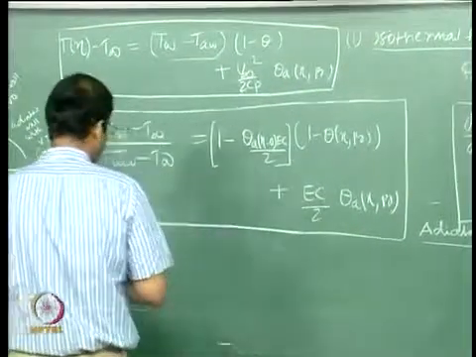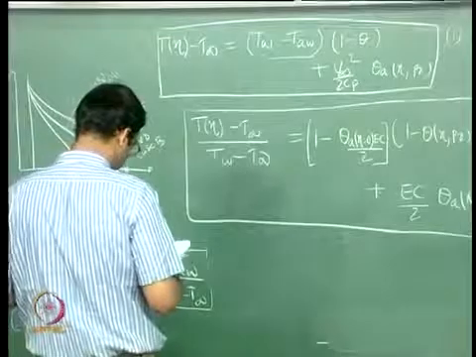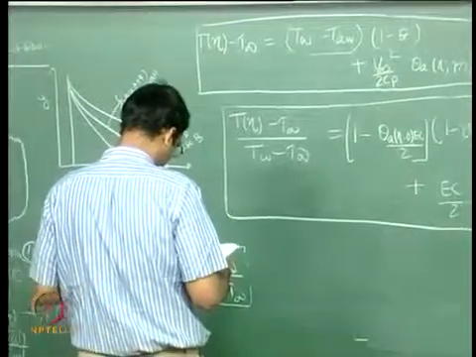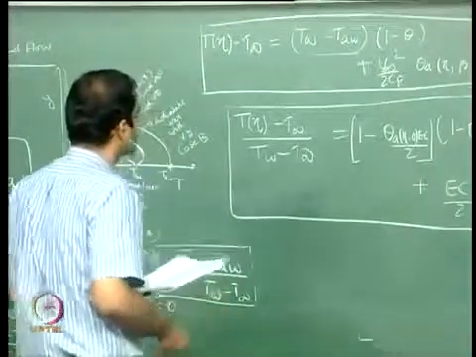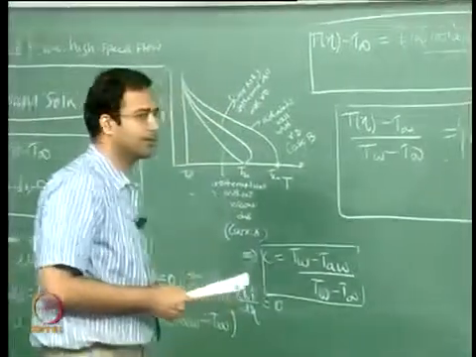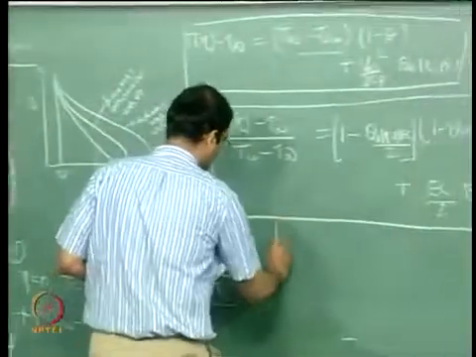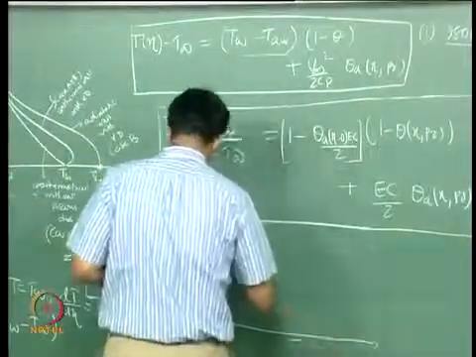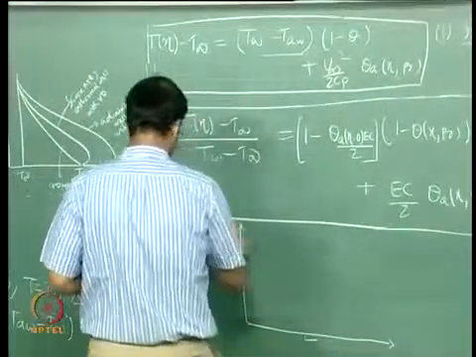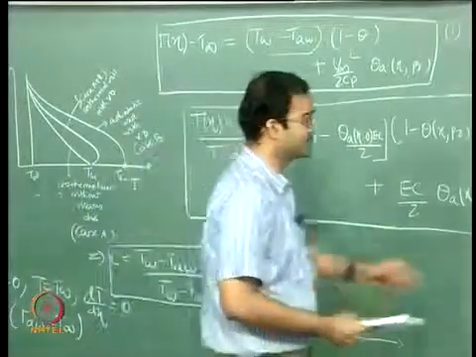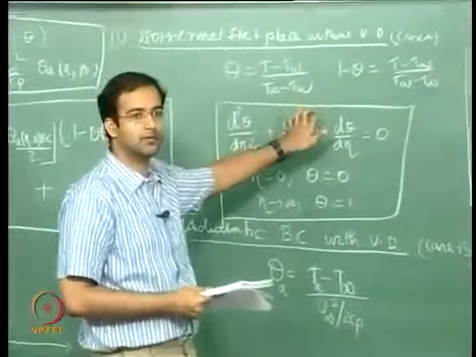So let us see how, if you plot the solution for temperature, how these profiles look like. Okay, any doubts on this so far? So if you plot the temperature profile, first let us look at case B solution, because case A we already know how the temperature profile looks.